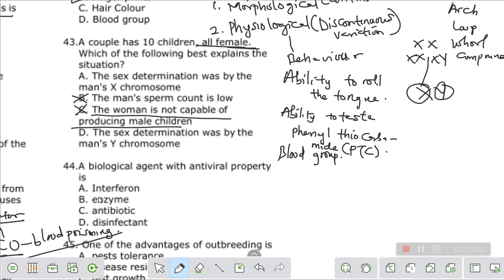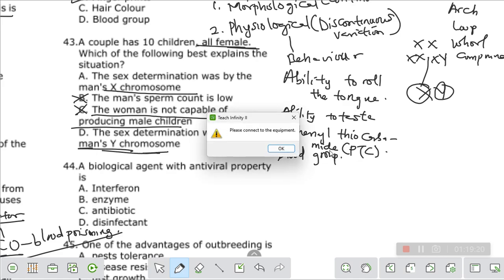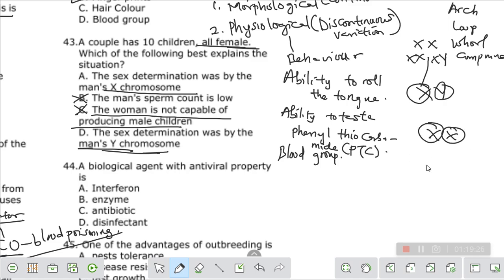So a biological agent with antiviral property, what's the answer? In the time of coronavirus, they talked about some things that we should be using, so you should be able to know the answer here. A biological agent with antiviral property. Antibiotics is antibacterial, right? So don't go and be saying antibiotics.